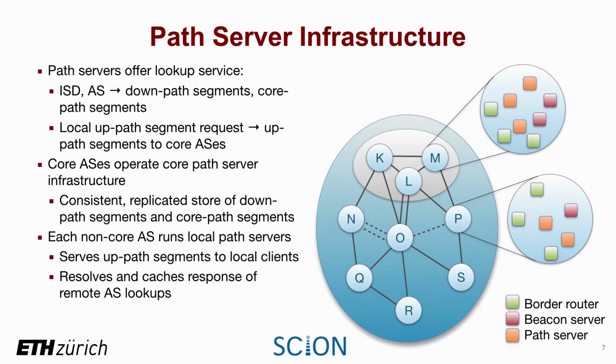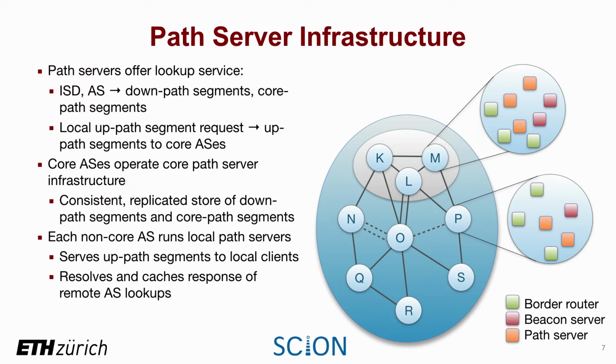Next, we're going to look at the path server infrastructure. Similar to beacon servers, ASs have a set of path servers which help disseminate path information through the network. And in this picture, we blow up ASs M and P, and you can see that AS M has 3 path servers, AS P has 2 path servers, and these path servers offer a lookup service.